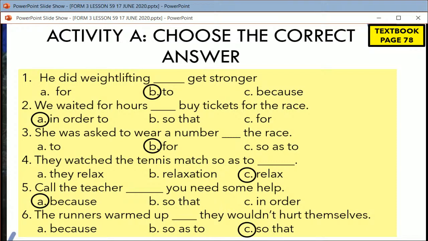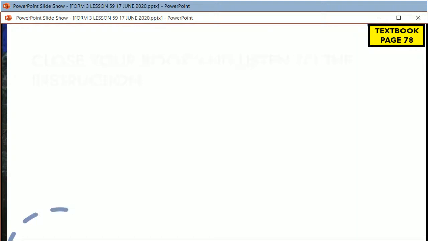Okay, right. Good. Now all of you close your books. You don't have to look at your books right now. I need you all to close your books. Okay, yes, Fallen is so that. Close your books, please, because we are going to do a little bit of you listening and trying to get the answer.